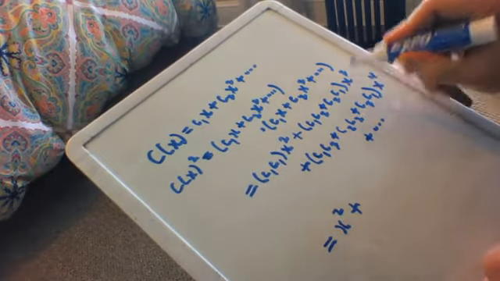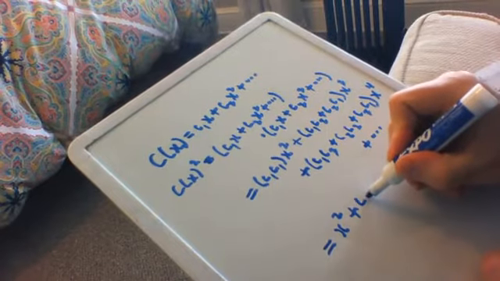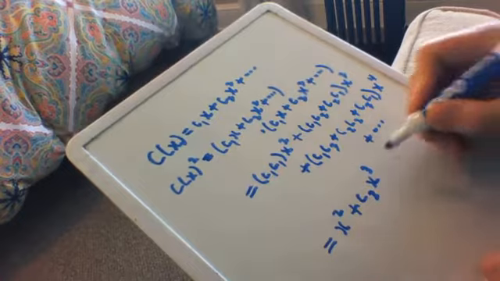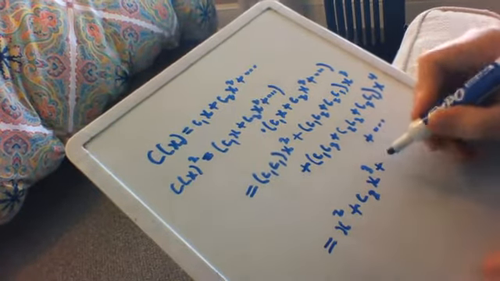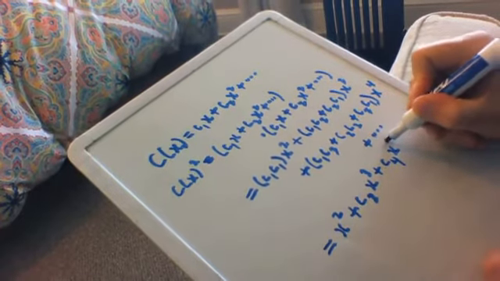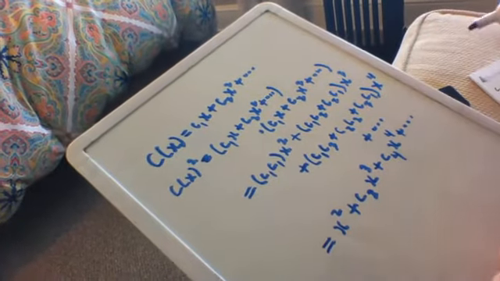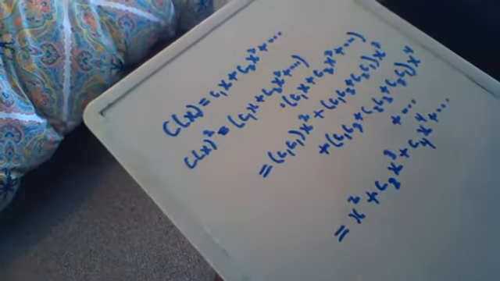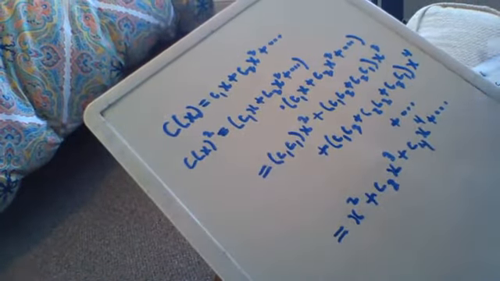C1 C2 plus C2 C1 is C3. So this is C3 x cubed. Amazing. Plus C4 x to the fourth plus etc.